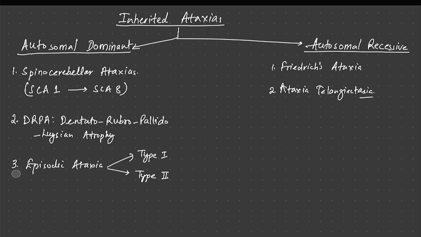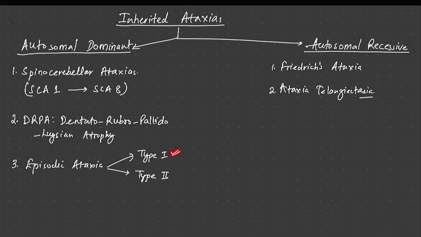Third one is the episodic ataxia, right? Episodic ataxia, it is also inherited ataxia in which there is involvement of gene which codes for calcium channel. The gene name is CACNA1A, calcium encoding gene.